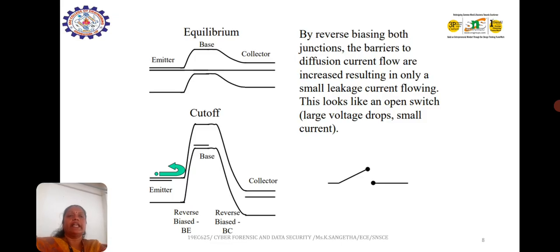By reverse biasing both junctions, the barriers to diffusion current flow are increased, resulting in only a small leakage current flowing. So this looks like an open switch.